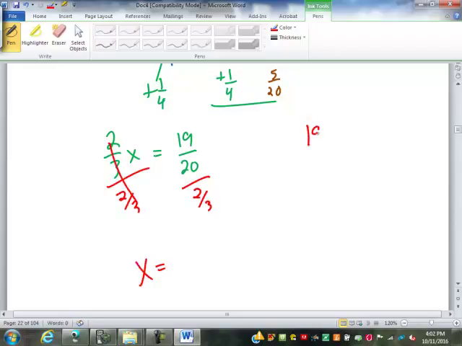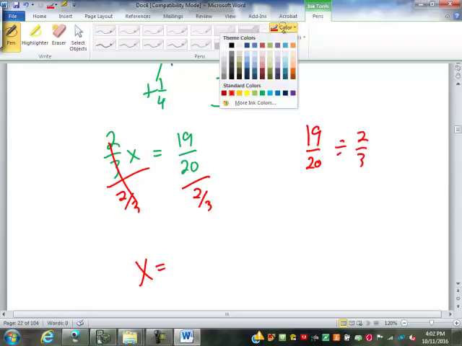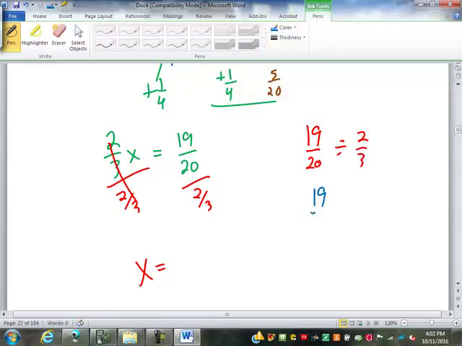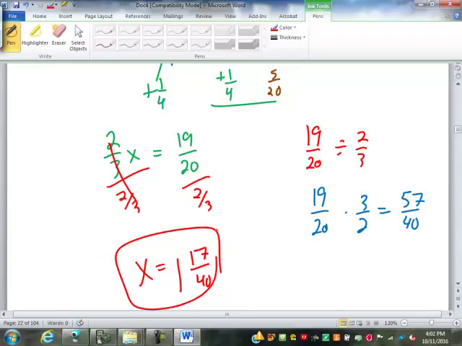So x equals 19 twentieths divided by 2/3, which will be 19 twentieths times 3 over 2, which is 57 over 40. 1 and 17/40. How many of you got that? Good deal.